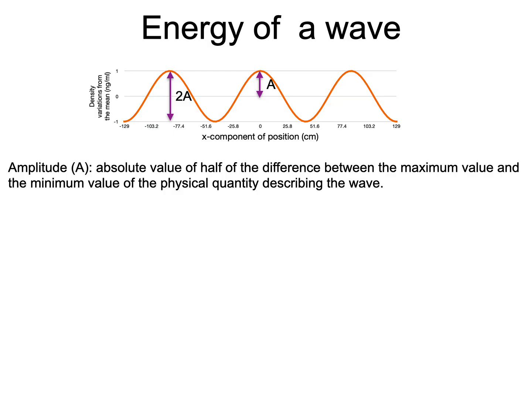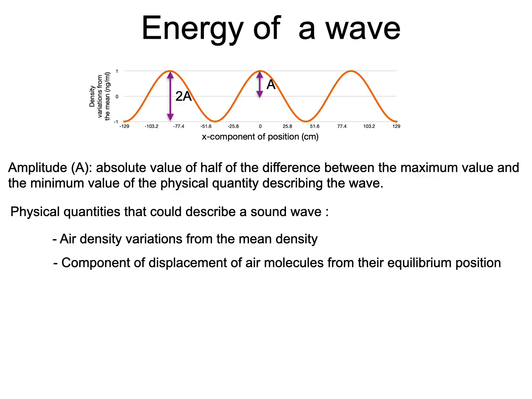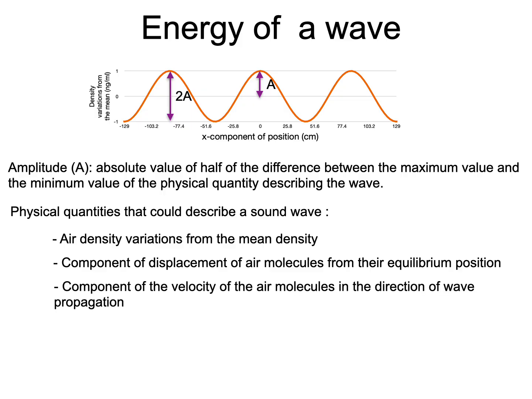Quantities that could describe a sound wave are the air density variations from the mean, the component of the displacement of air molecules from their equilibrium position, the x component of velocity of the air molecules, and pressure variations from the mean pressure. I added this last one because it is a typical quantity to describe sound waves, even though I have not explained what pressure is yet.